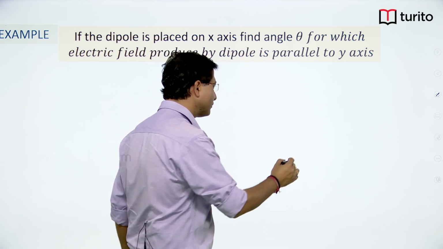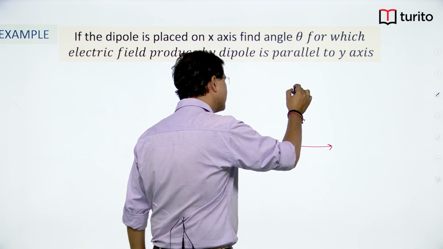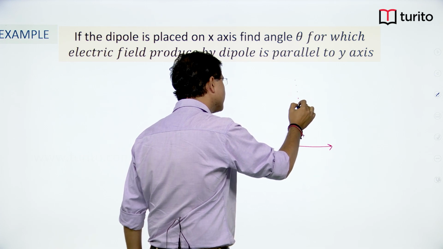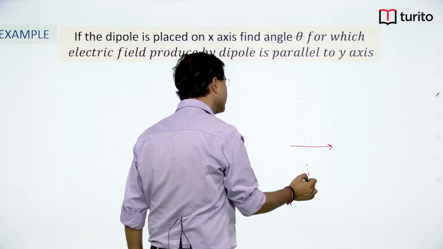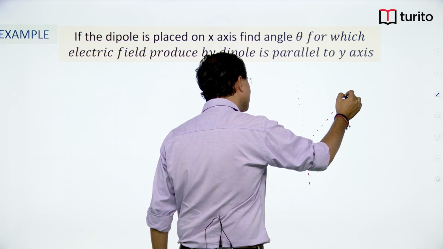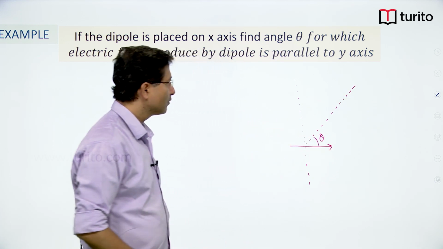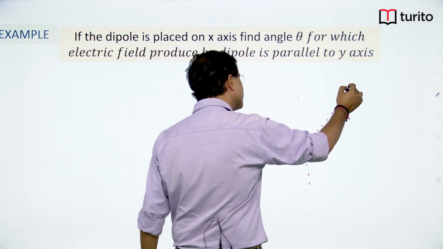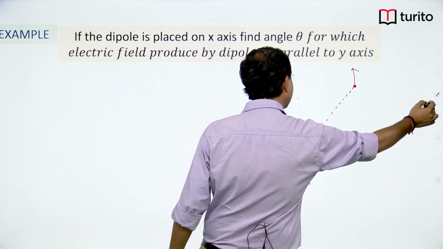So I am keeping the dipole this way, and I want to find out the angle theta for which the field at this particular point is along the y-axis.